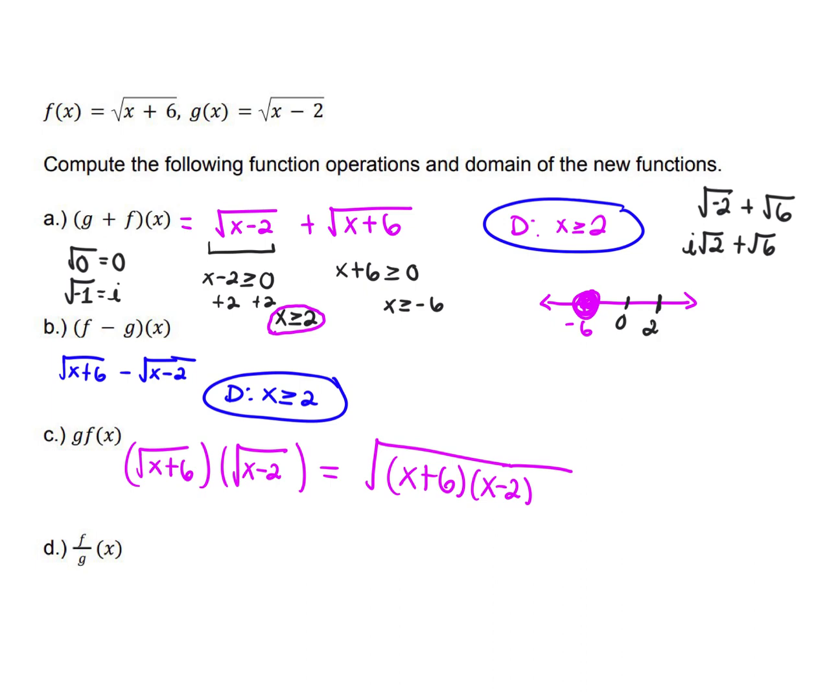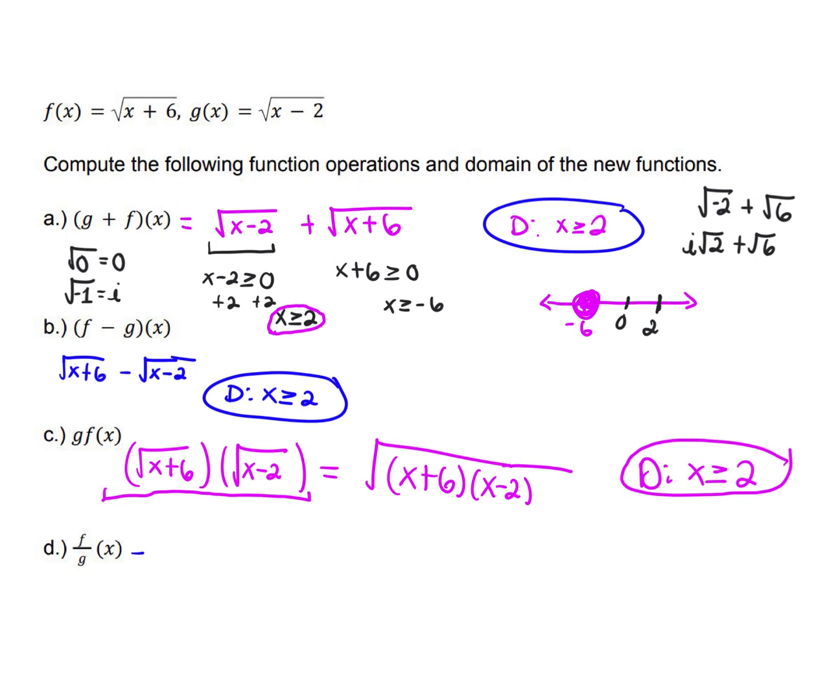And then for this one, the domain will be x has to be greater than or equal to 2 again. And that's because it's really the same thing as this function here, just taking the square root afterwards. And my point is that, again, we cannot take the square root of a negative number, so that's why we say that x has to be greater than or equal to 2.